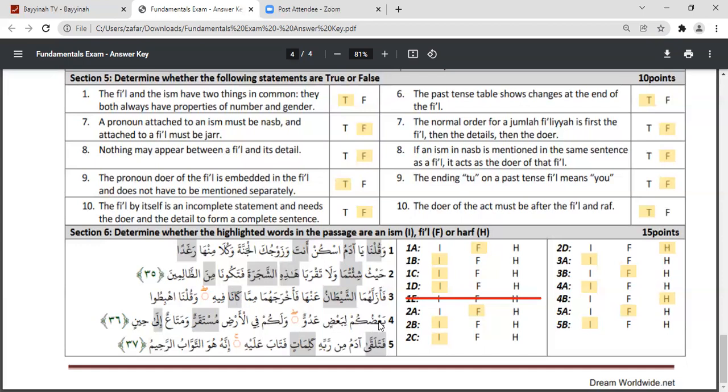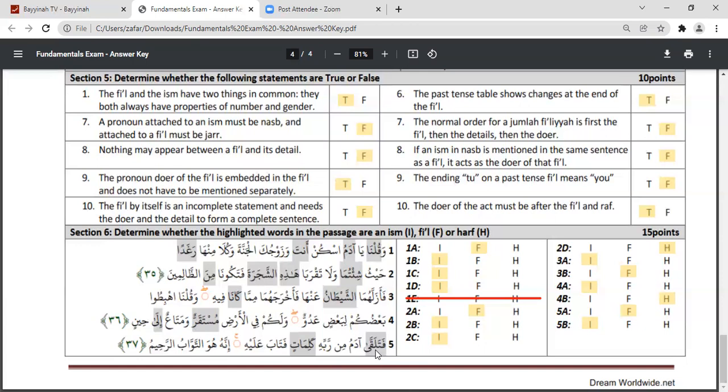Then we come to the fourth ayah, the 4a, mustaqarrun. The tanween itself indicates that this is an ism, and ila, we know that it is a harf of jar. So 4b is a harf. We come to the last ayah, fatalaqa Adamu.